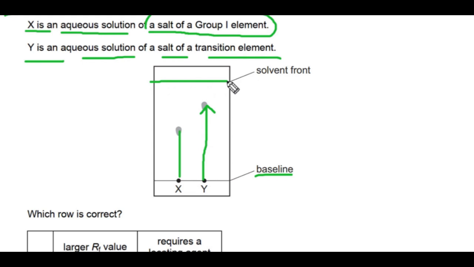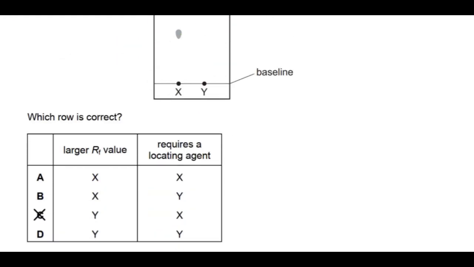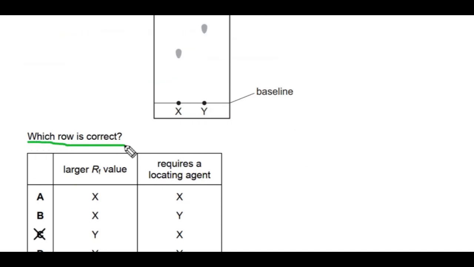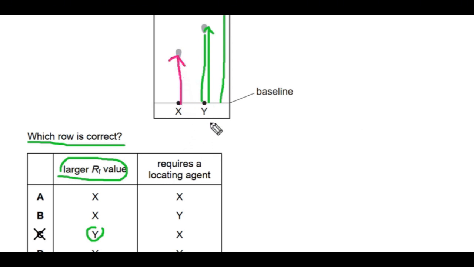This is the solvent front. So you are asked which row is correct. The larger Rf value will be for Y. Why? Because it is the baseline to Y distance divided by the baseline to solvent front distance. This value is larger than this value. So the Rf value for Y will be larger.